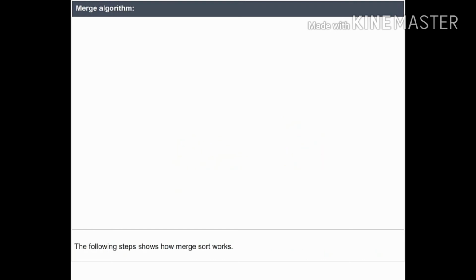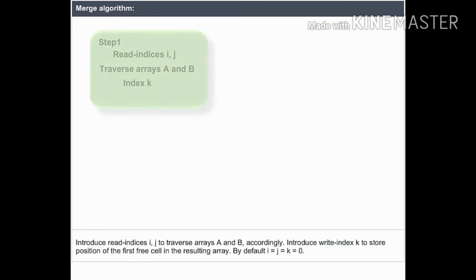Merge algorithm. The following steps show how merge works. Introduce read indices I, J to traverse arrays A and B accordingly. Introduce write index K to store the position of the first free cell in the resulting array. By default, I = J = K = 0.